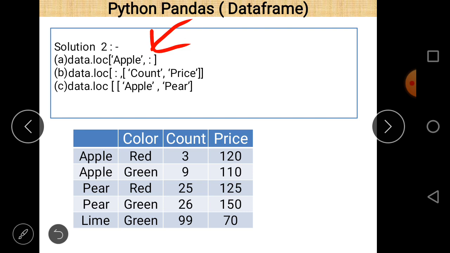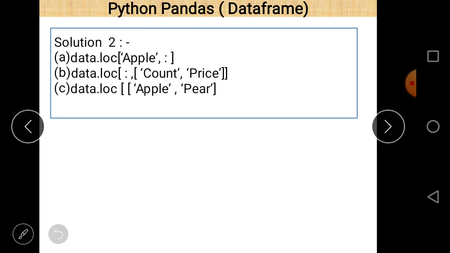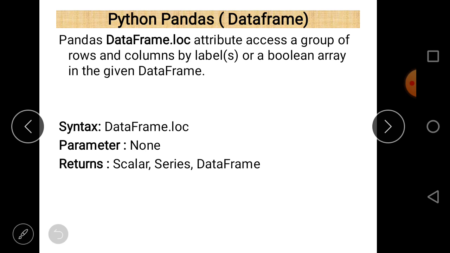It will select all columns. After that, close the bracket. So data.loc apple comma colon will select label apple with all columns. It means this result. So this is the answer of part 1.